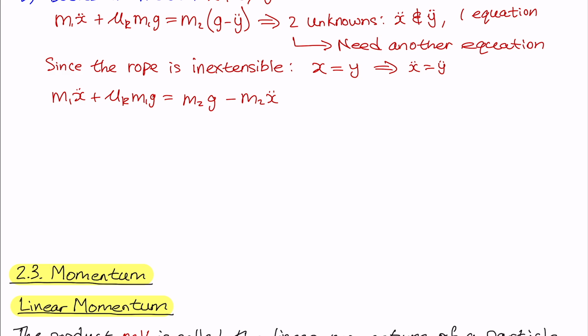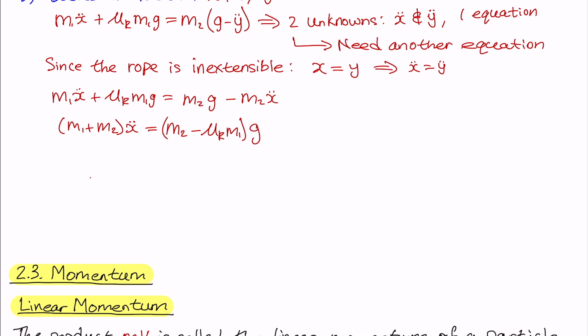We can bring the m2 x double dot onto the left-hand side, and we'll take our terms of g onto the right-hand side. And so we'll get here m1 plus m2 times x double dot is equal to the quantity m2 minus mu k m1, all of that multiplied by g.